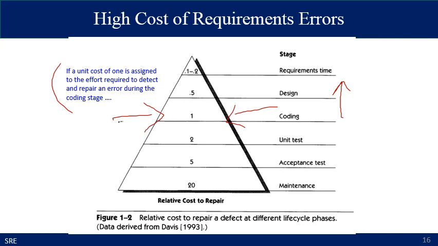And if you catch the fault later in the process, such as at unit testing or acceptance testing, the cost is usually multiplied by 2 to 5 times. And if the fault is found at the maintenance step, such as after the deployment of your application, your cost can reach up to 20 times your initial cost.